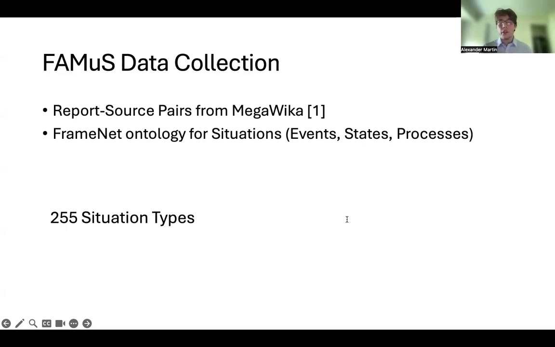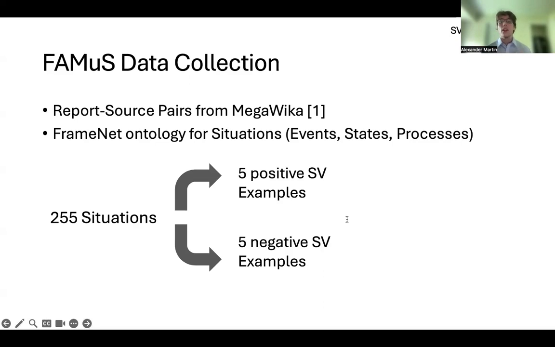With these 255 situations, we then collect 5 positive and 5 negative source validation examples, where for a positive source validation example, the event is the same between documents, and for a negative source validation, it is not. For the positive examples, we also annotate for cross-document argument extraction.